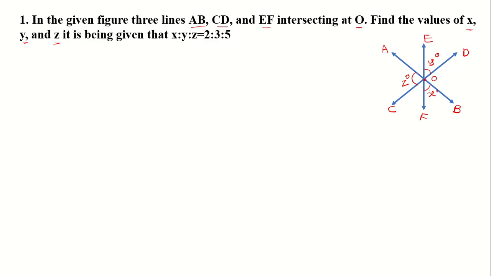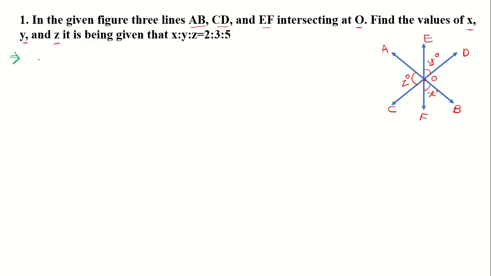In this question, intersecting lines are given. If you are not familiar with intersecting lines, you can check out my previous videos. So first, let us solve this question step by step.